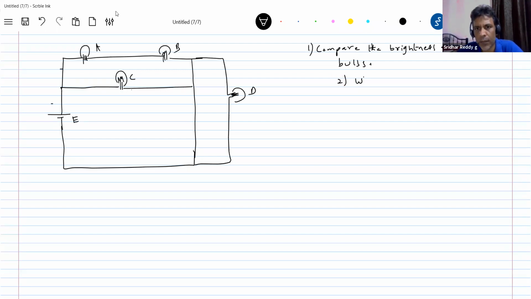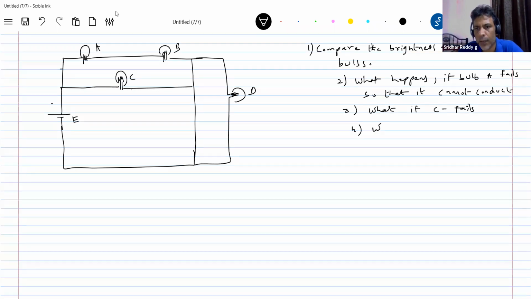Second, what happens if bulb A fails? What if C fails? What if D fails?